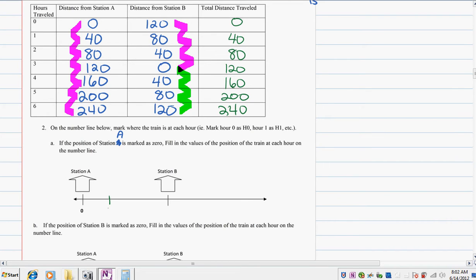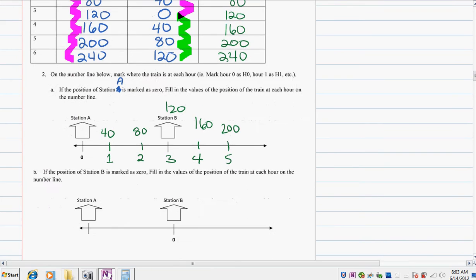In hour 1, I'll call this 1. I'm there. Hour 2, I'm there. And so, this is 40 away from A. 80 away from A. Here I'm at 120 away from A. 160 away from A at hour 4, hour 5, I'm 200 away, and on and on.